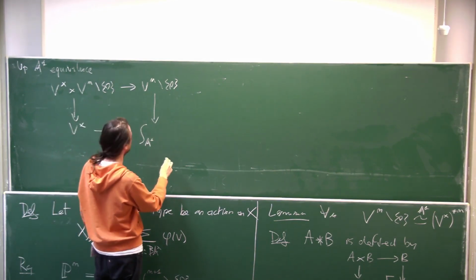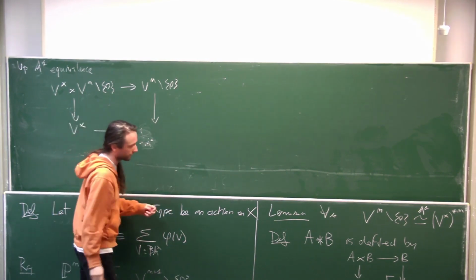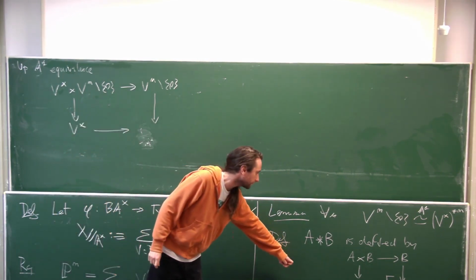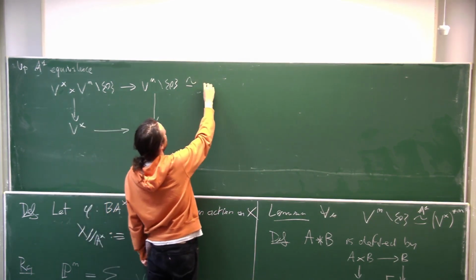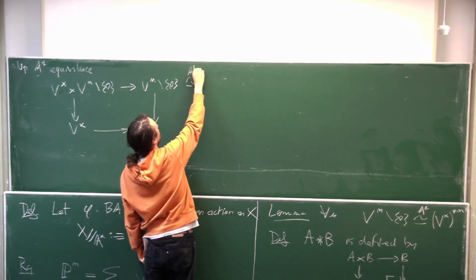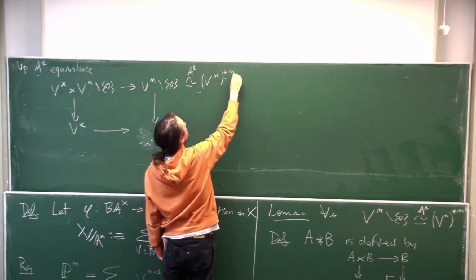So here I use induction on the number n. I know that this is actually A1 equivalent to V joined n times.